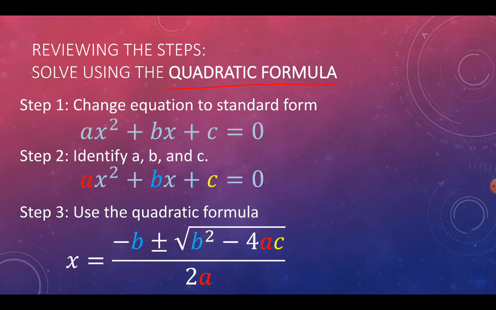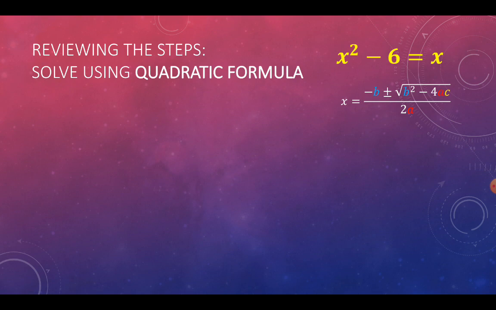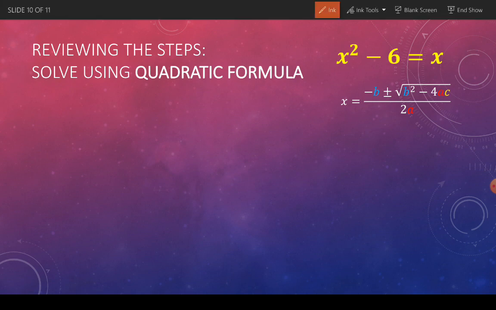Now let's use the quadratic formula in these 3 steps to solve the same exact quadratic, x squared minus 6 equals x. We should get the same x values for our answer. So step 1, just like by factoring, is to write the quadratic in standard form.